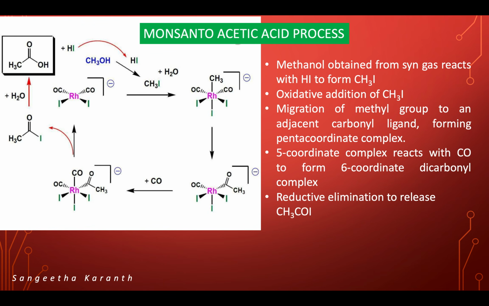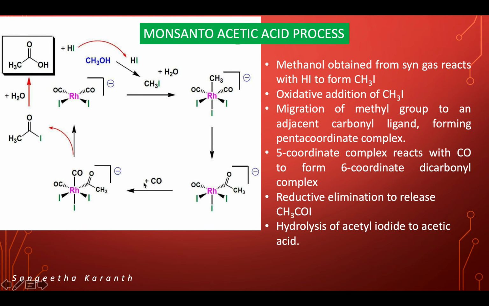I think it is now clear. So first we start with methanol and make it react with HI to get this methyl iodide. Now here oxidative addition takes place, and then finally there is migration of the methyl group to the carbonyl group so that you get this complex.